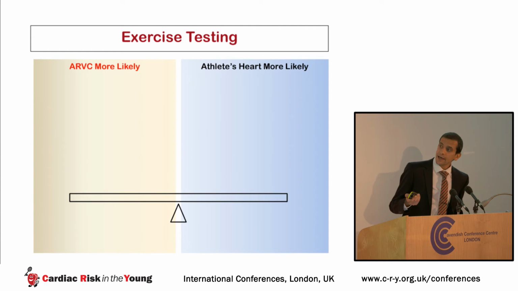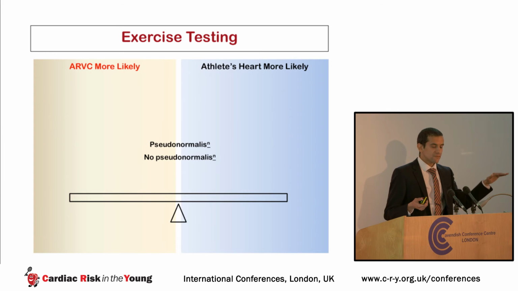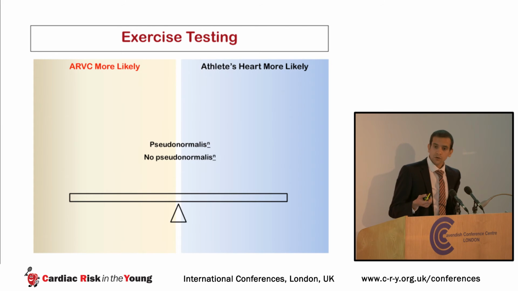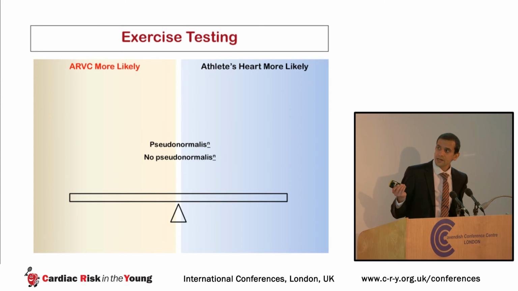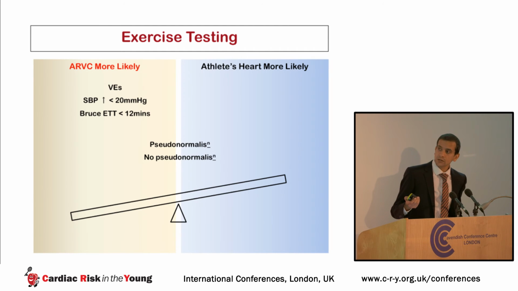And finally, what about our exercise testing? Well, pseudo-normalization, by which I mean the T wave going from inverted to upright, or indeed the lack of pseudo-normalization, whereby the T-wave stayed down during exercise, was non-specific. This happened in ARVC, but it also happened in healthy athletes. However, if you get ventricular ectopy during exercise, if you have a poor blood pressure response to exercise or a poor exercise capacity, it's suggestive of a pathological process.